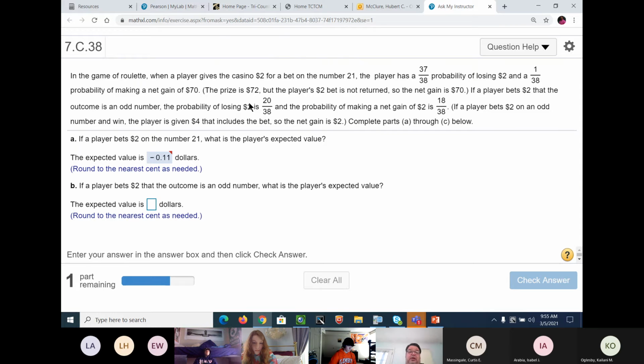I'm having to write all this down because this is a ridiculous question. It's too long. The probability of failure is 20 over 38. Therefore, the probability of success is equal to 18 over 38.